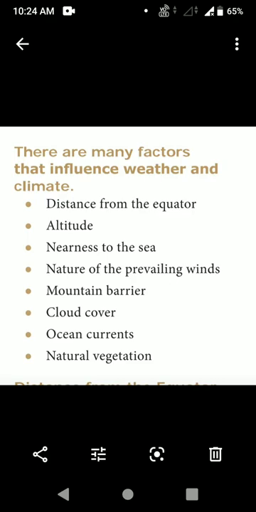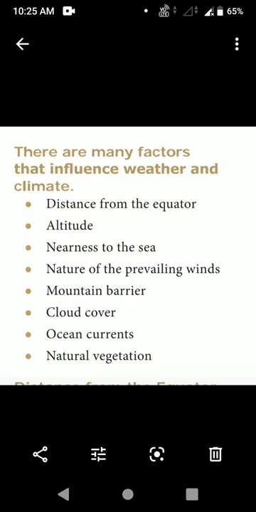So the wind blowing from ocean to land in the afternoon is called sea breeze. There are two important terms, sea breeze and land breeze. Sea breeze means the wind blows from ocean to land. The sea breeze helps in reducing the temperature of the coastal region, especially during the summer season.